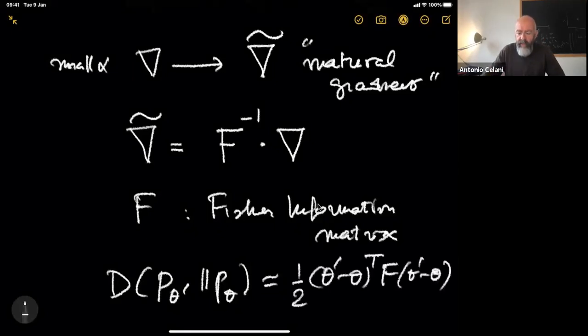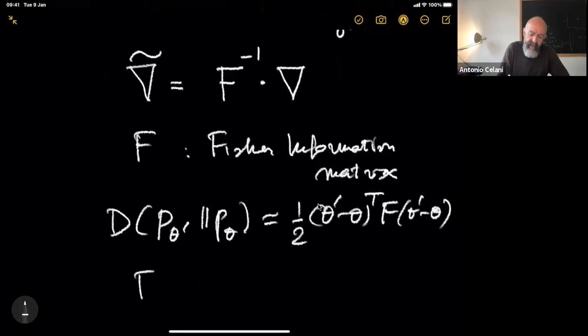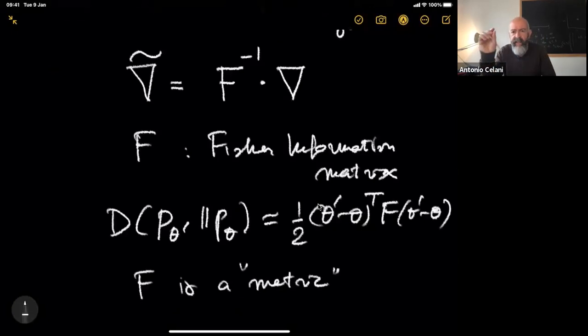So said in other words, F is a metric. So it's a notion of distance, of differential distance in the space of parameters. And this natural gradient is a sort of covariant gradient, for those of you who ever heard about this thing.